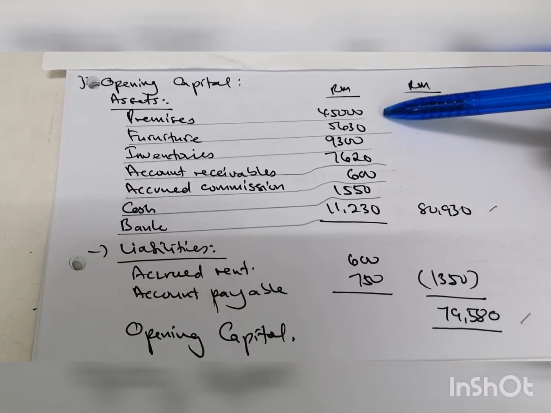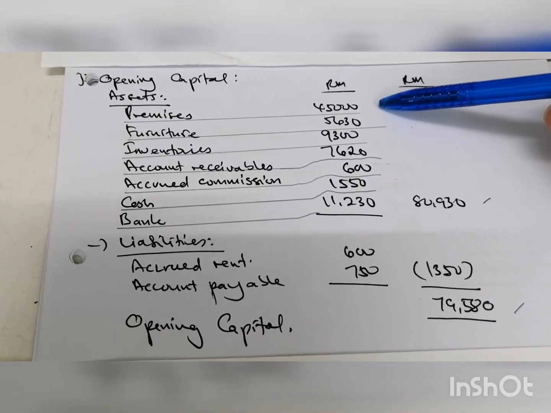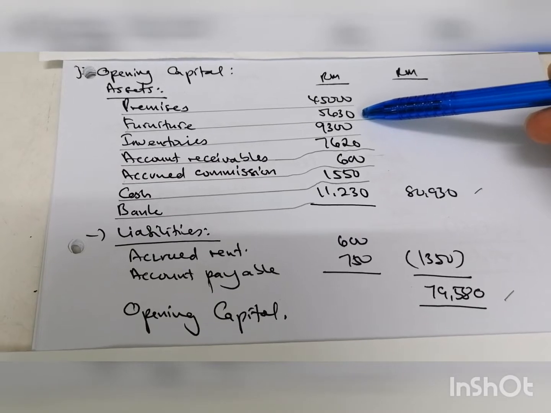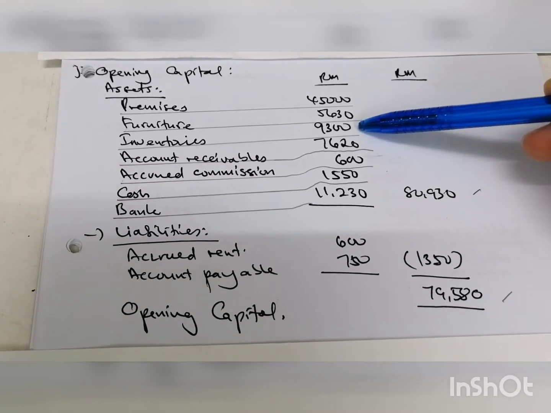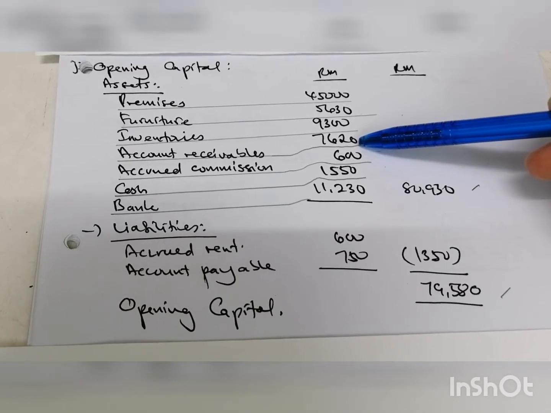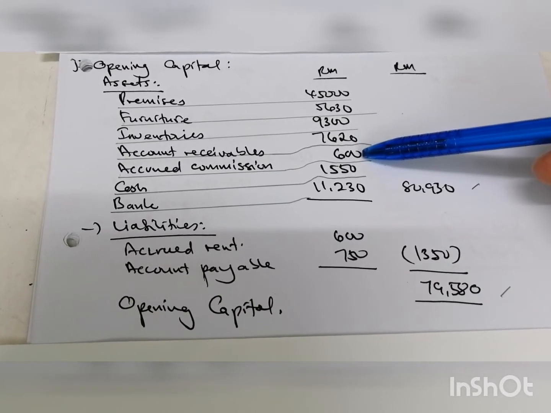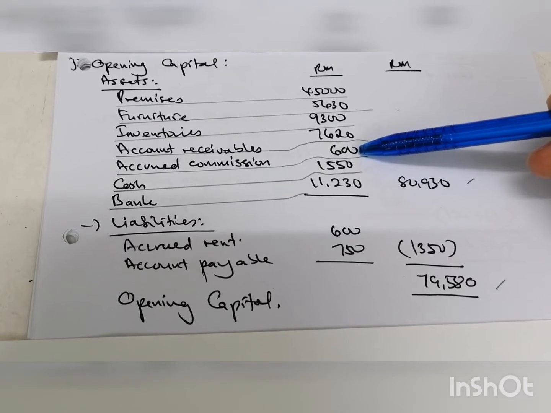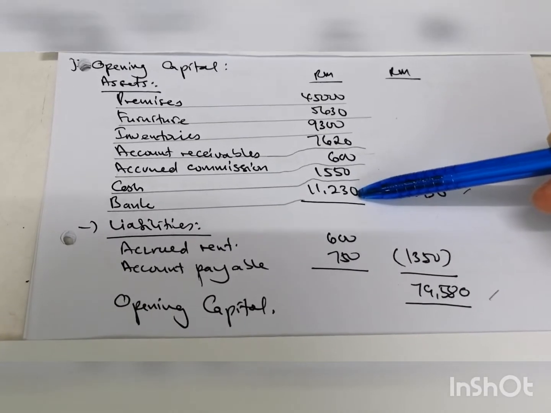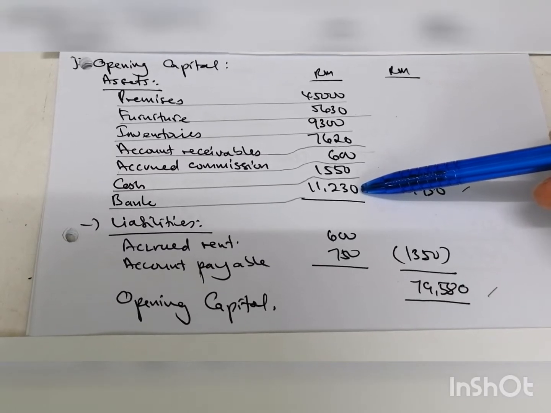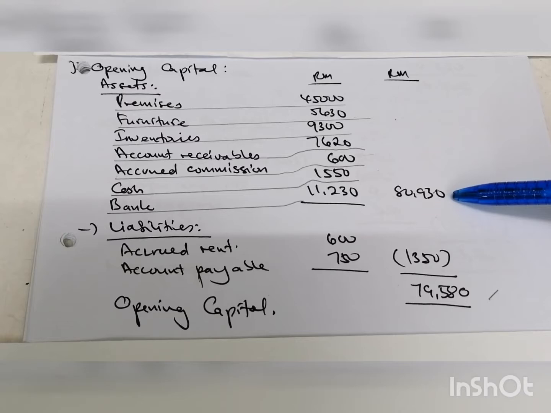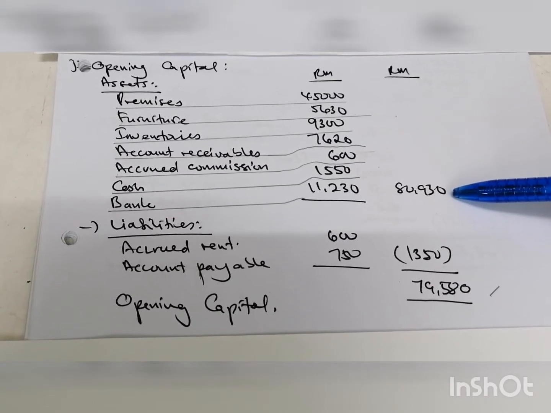As you see here, the assets, we have premises 45,000 and furniture 5,630, inventories 9,300, accounts receivable 7,620, accrued commissions 600, cash 1,550, bank 11,230. So we get total assets of 80,930.